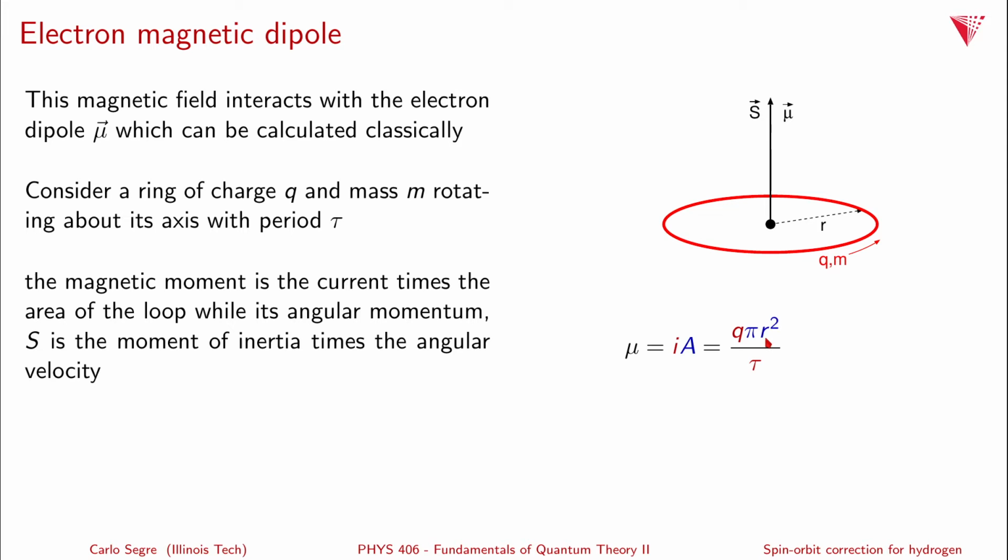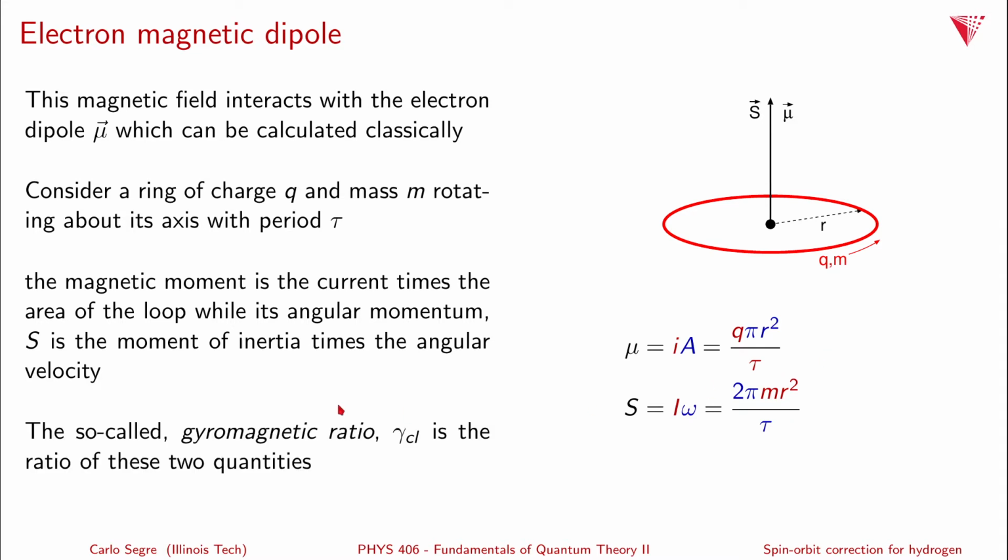The spin angular momentum S for this classical electron is just the moment of inertia times the angular velocity. If we're assuming that this is a ring of charge with mass m, then the moment of inertia I times omega is equal to S. That can be rewritten with omega as 2 pi over tau, and I being m r squared, the moment of inertia of a ring.